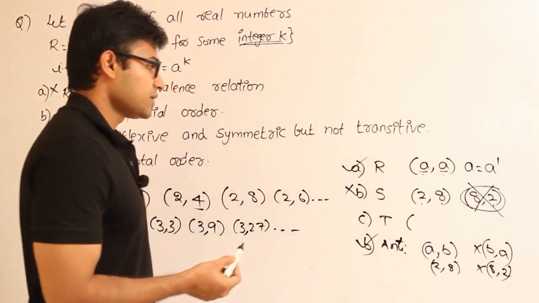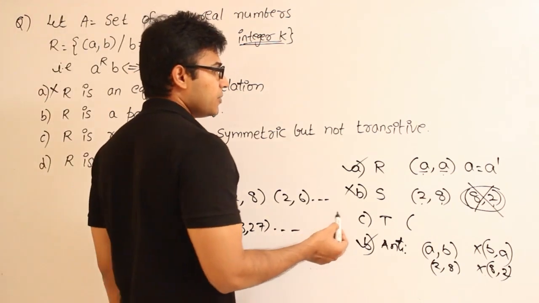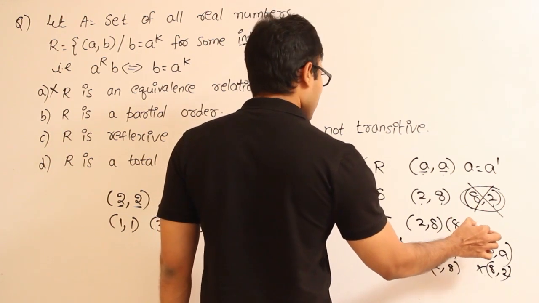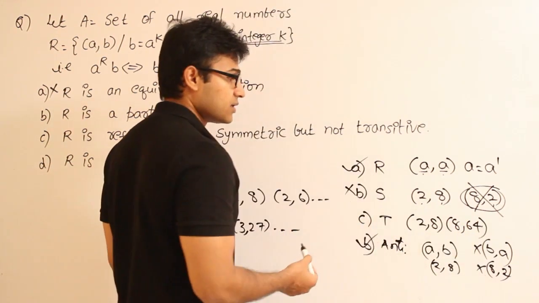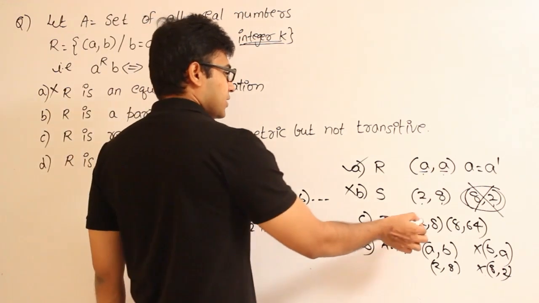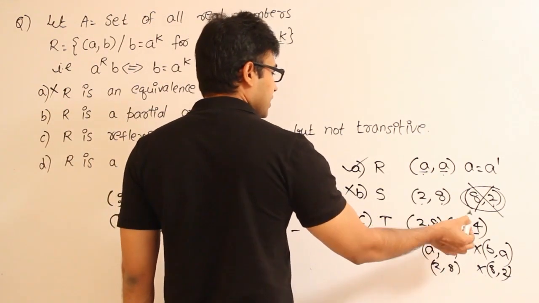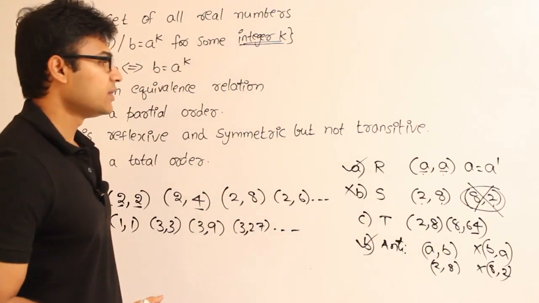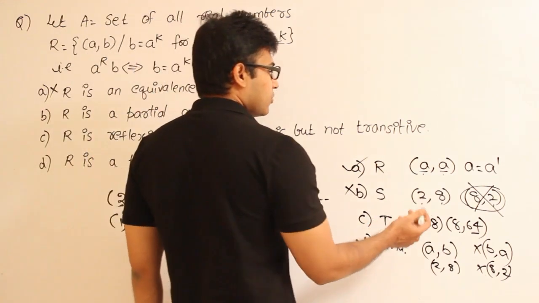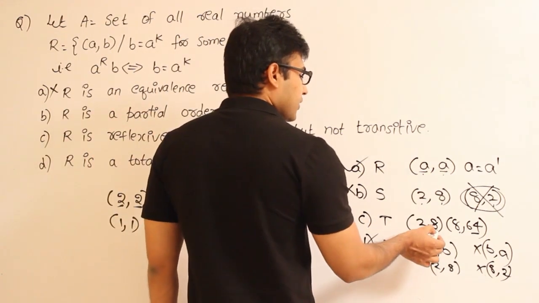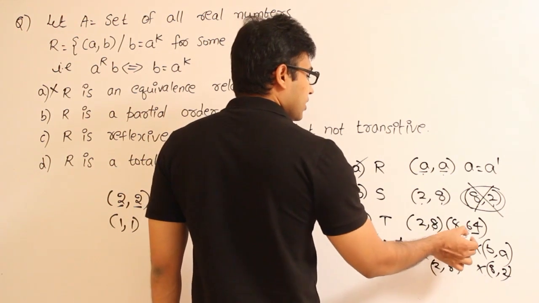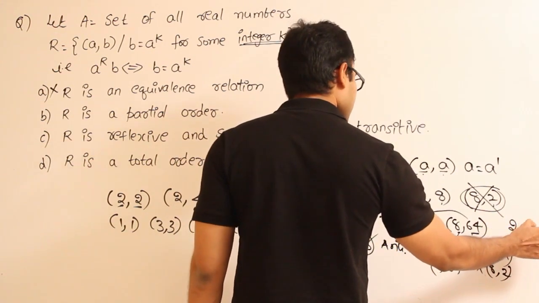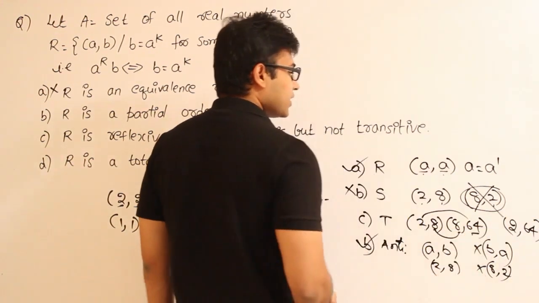So I am seeing if the elements A comma B and B comma C are present. 2 comma 8 can be present and 8 comma 64 can be present, because 8 can be written as 2 cube and 64 can be written as 8 square. So these two ordered pairs can be present individually in the relation. Now when I combine them and check transitivity, A comma B is present and B comma C is present, and therefore A comma C should be present, which means 2 comma 64 should be present, and yes, it will definitely be present.